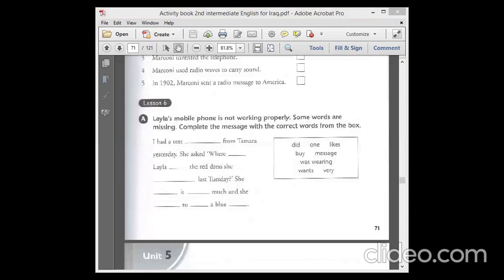Which page? Page 71. It's there. I'm sharing it with you. I don't know why you don't see it. Can you see it?